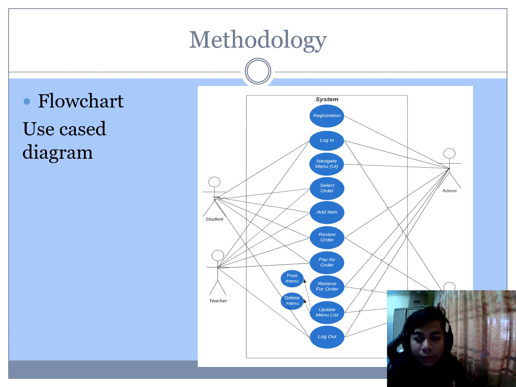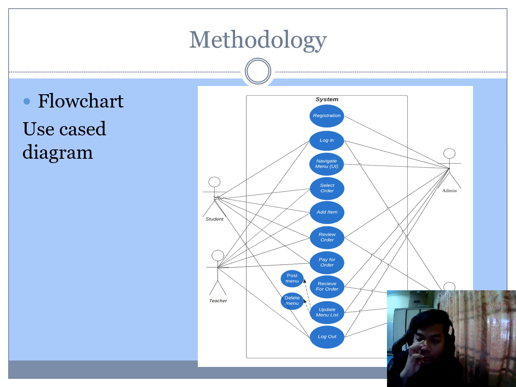The student can log in, select order, add item, review order, pay for the order, and then log out. The teacher also logs in, selects the order, adds the item, reviews the order, pays for the order, and then logs out.